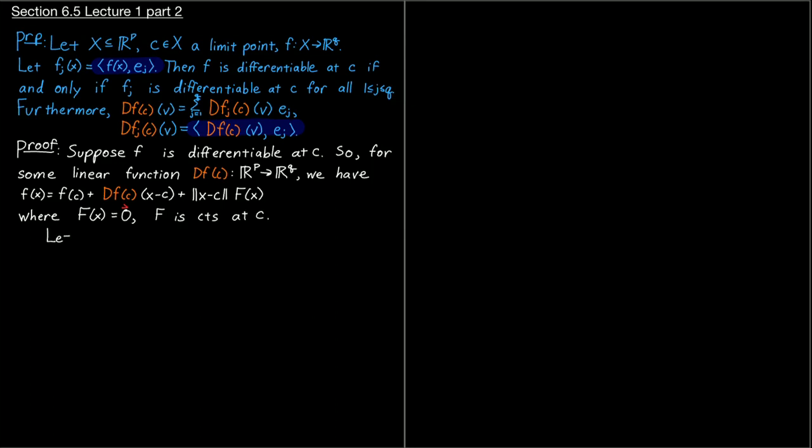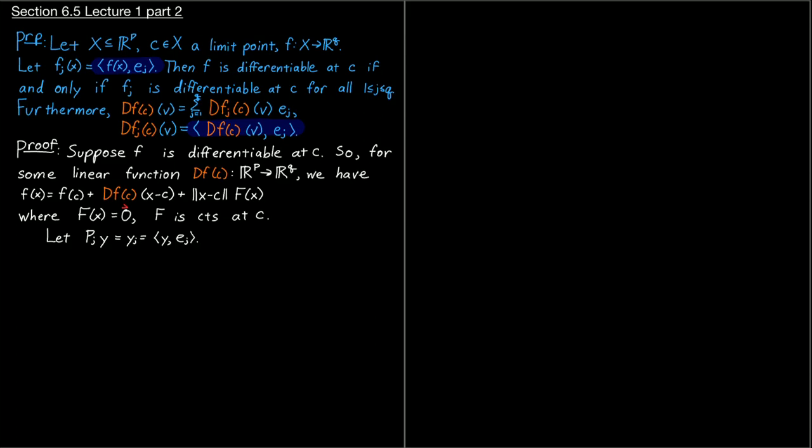And now we're going to let Pj be the inner product projection we saw before. So Pj of y is yj. That's the inner product of y with ej.